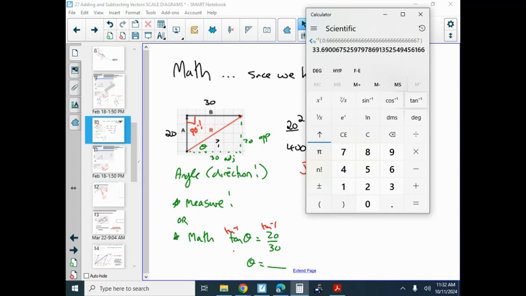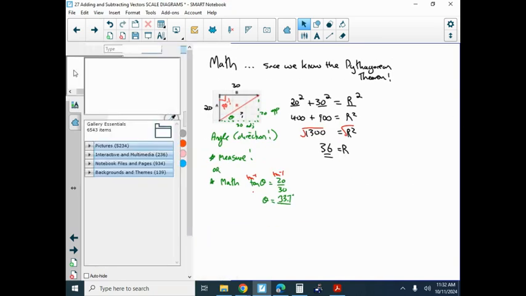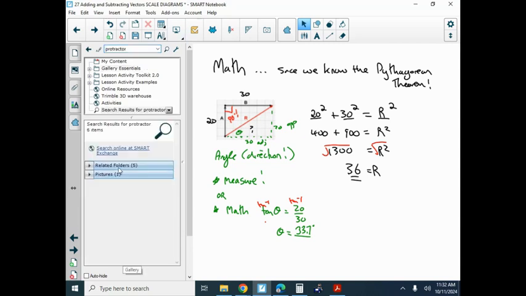So it should be about 33.7 degrees or so. And if you measured that, I don't know if I can do this on the fly quick here or not. Let me just see if I have a protractor. There is protractor.